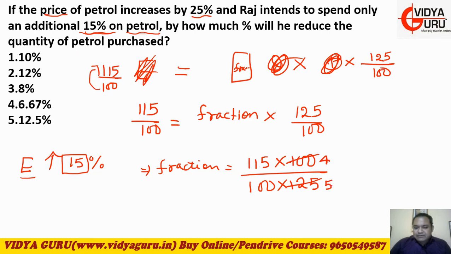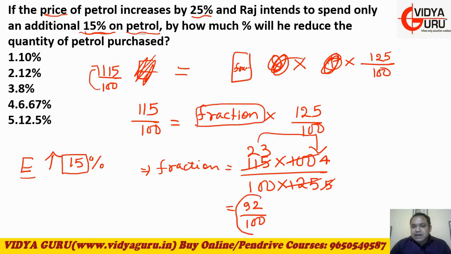So 25, 20, 3 times. So 23 into 4, 92 by 100. So what can you see? You can see that this fraction is 92 by 100. That means if original value was 100, the changed value is only 92. So you can easily notice that there is a decrease of 8%.